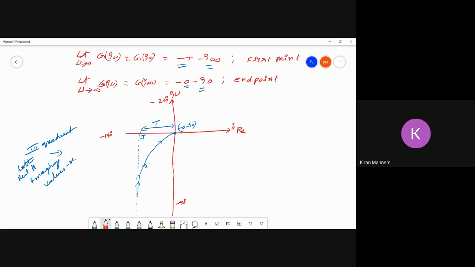We have a point at infinity. So if you know the point, definitely you'll get the semicircle. So that's a clarification about yesterday's example and today's example, right? Let us move on to example number 3.